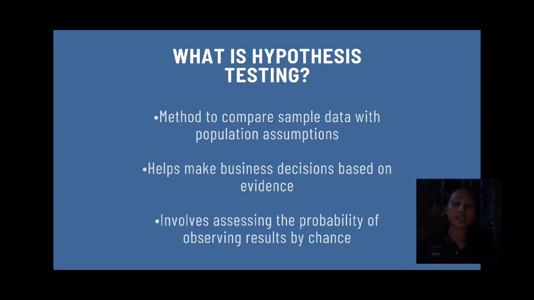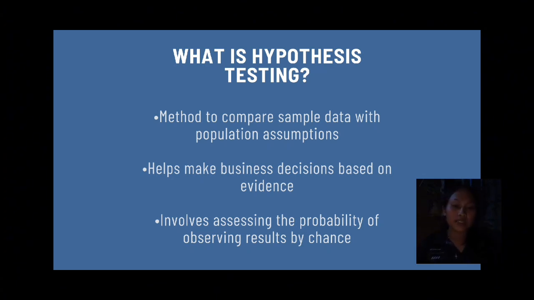The second is that it helps make business decisions based on evidence. It helps businesses make decisions based on facts, not guesses. Example, a company can test if a new ad really increased sales instead of just hoping it did.